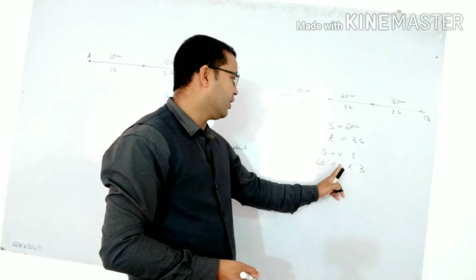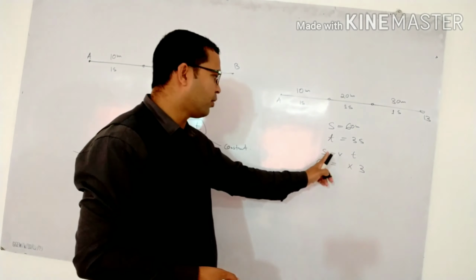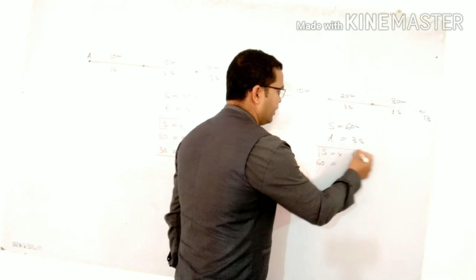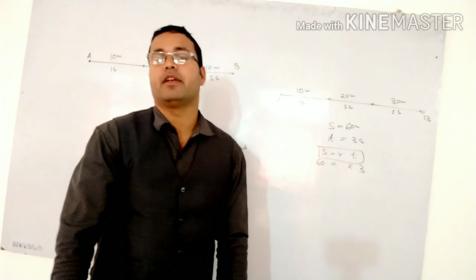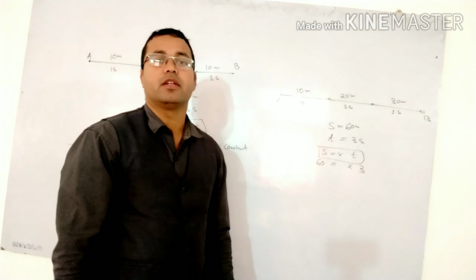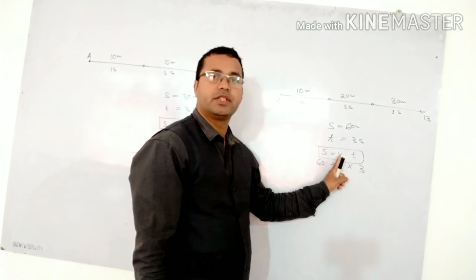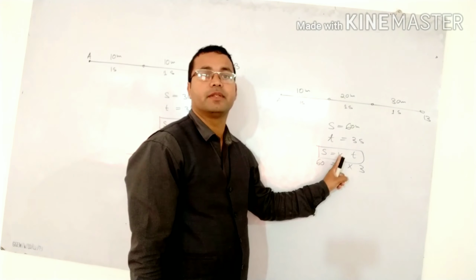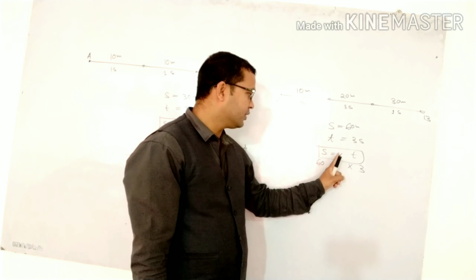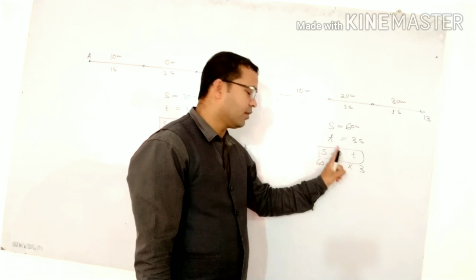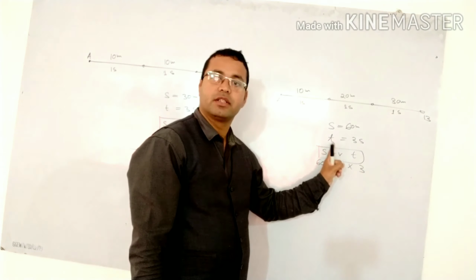It means this formula, S is equal to Vt, is not valid for what? Non-uniform velocity. Because in non-uniform velocity, the velocity changes every second. So this equation S is equal to Vt is only valid for what? Uniform velocity.